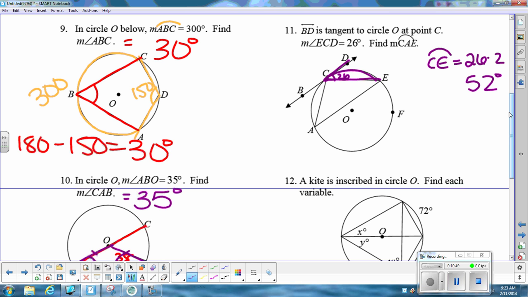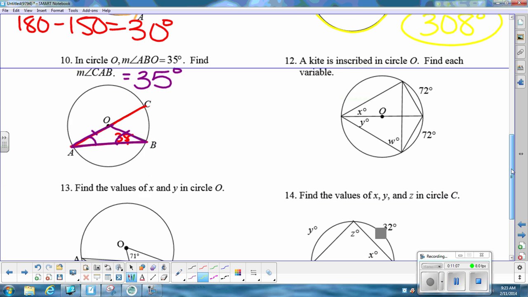And then we're looking for CAE, which is what I've marked off in yellow. It's everything but that 52 degrees. So 360 minus 52, and that's 308 degrees. There's our answer.